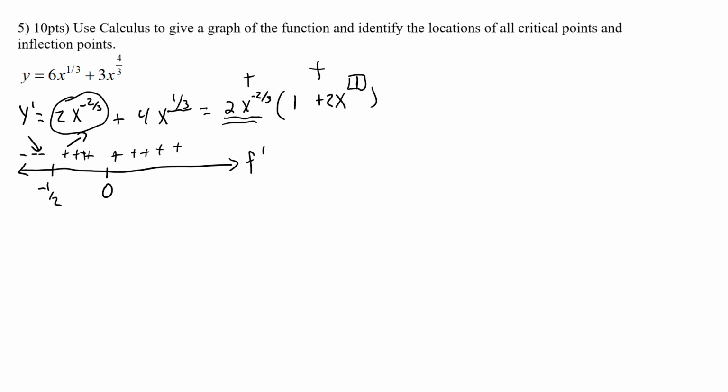Now let's look at your second derivative. So then again, you're going to bring down the exponent, negative 4, x to the negative 5/3, take away 1. And then plus 4/3 x to the negative 2/3.